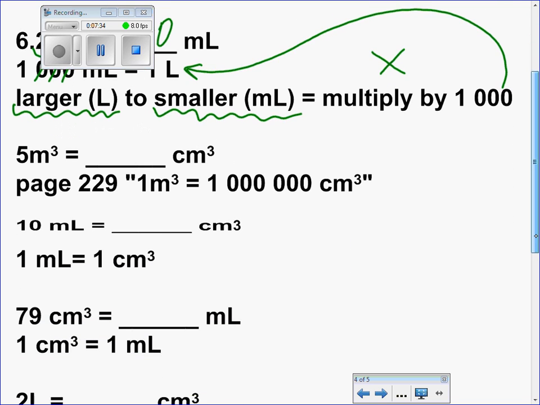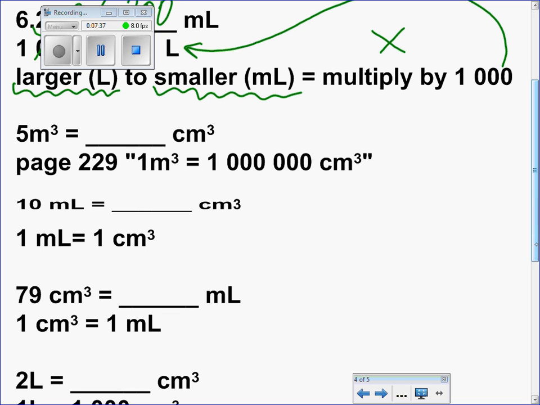If you refer back to page 229, when we talked about the cubic meter, we remember that 1 cubic meter, and thank you to Josh and Luca who built our cubic meter along with Jesse, we remember that it's 1 million cubic centimeters. So if I have 5 cubic meters, I have 5 million cubic centimeters.